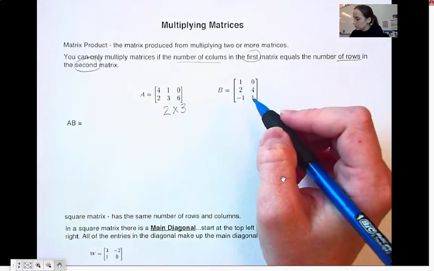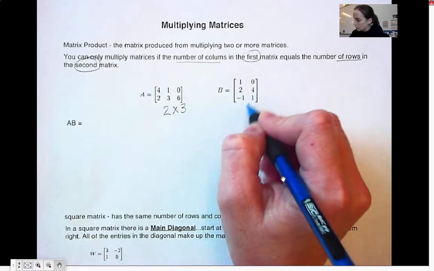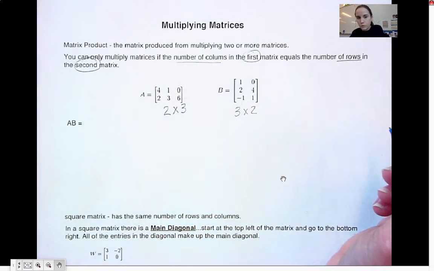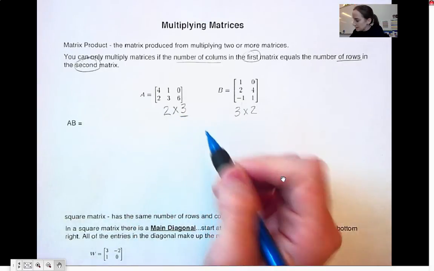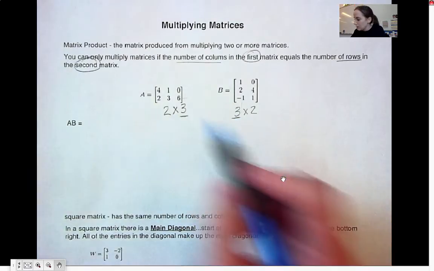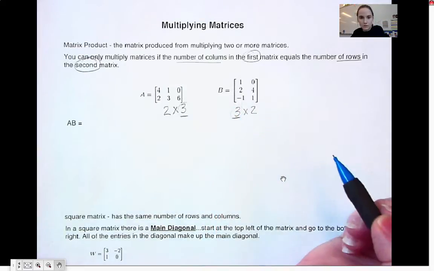And over here in matrix B, this is 1, 2, 3 rows by 2 columns, a 3 by 2. So you look at the number of columns in the first one, and it has to match the number of rows in the second one. If you write the dimensions down, the last number here has to match the first number here.